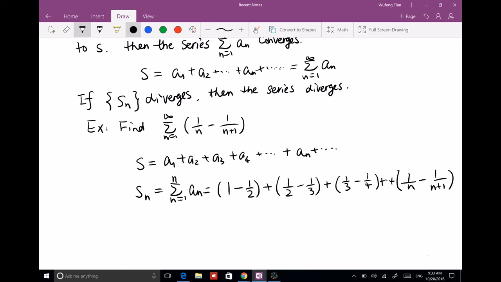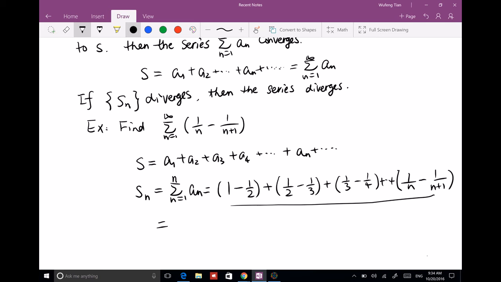Now, what do you see from here? Can anyone tell me what you see from this summation?